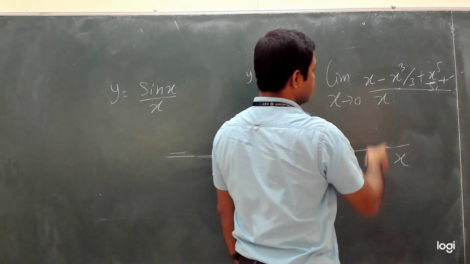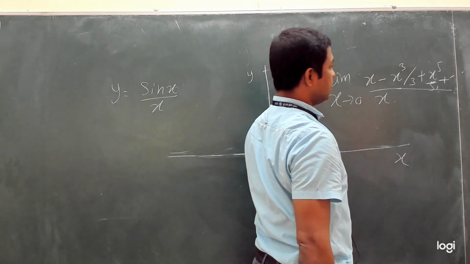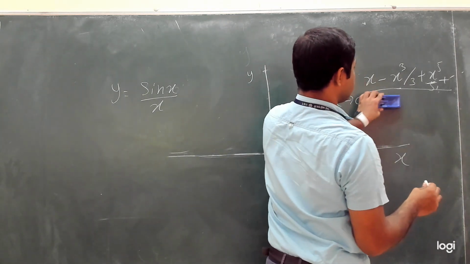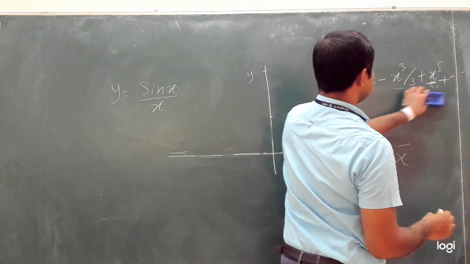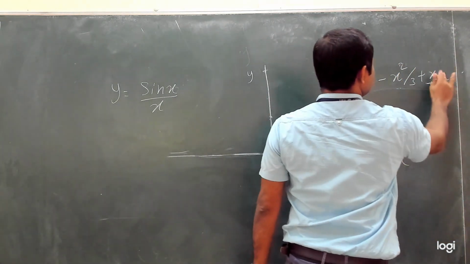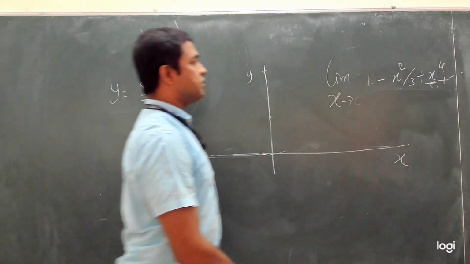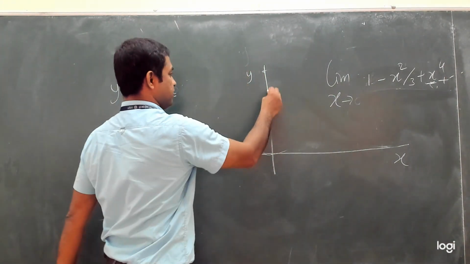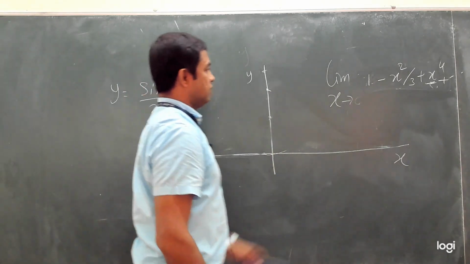You can see that x is there everywhere, so I can remove this x from the denominator. When x tends to 0, you can see that this goes to 1. So that is correct. It is 1 when x tends to 0.